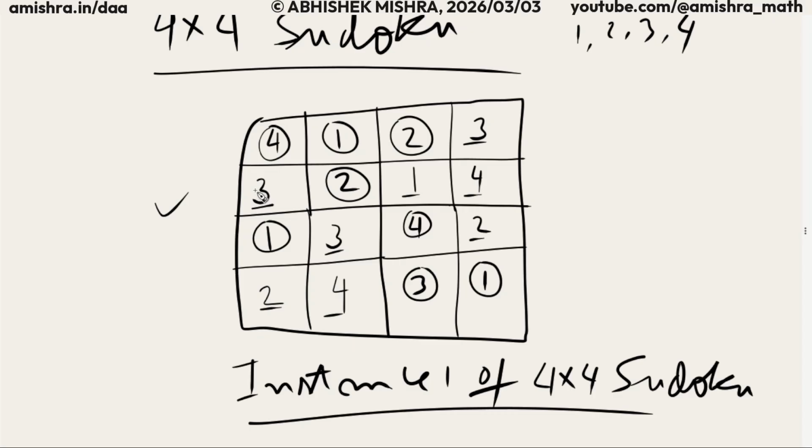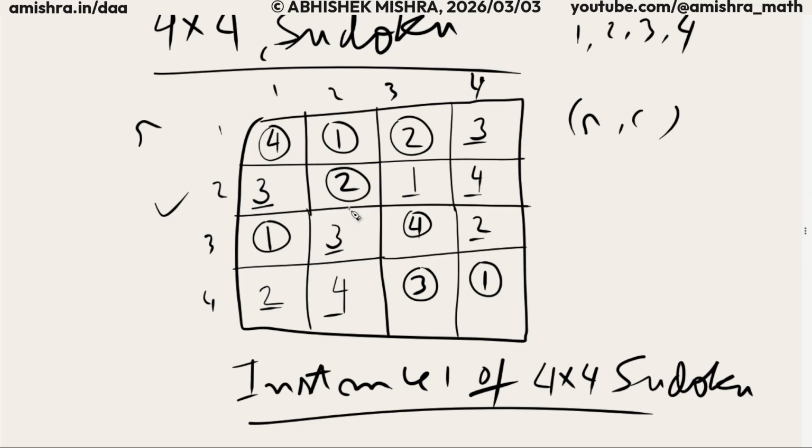Take for example this 3, and if we write the coordinates like this 1 2 3 4, 1 2 3 4, so the number together with its coordinate. So for example the xy, row number and column number. So this is row number, this is column number. So the pair row column.